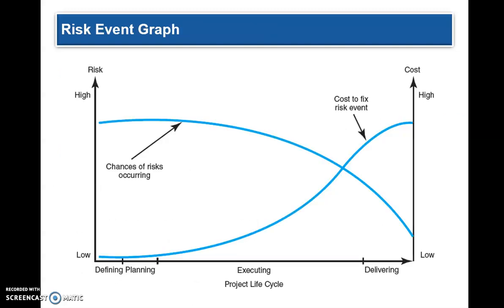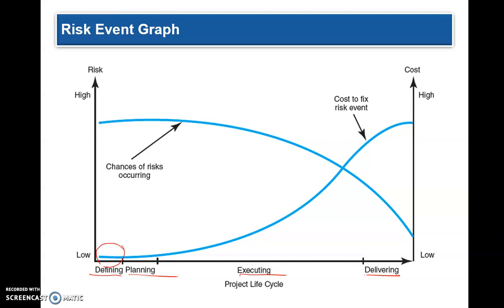So this diagram shows how risks can go with projects and how they can impact projects. If we have these defining, planning, executing, and delivering phases in a project life cycle, during the defining phase, the cost to fix the risks is going to be very, very low.